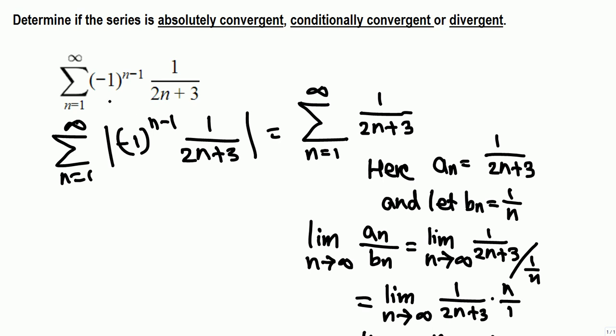That means this series does not converge absolutely, but it might converge normally because it is an alternating series. Now we want to use the alternating series test to show if this is convergent. Absolutely no, it diverges, but normally let's see.